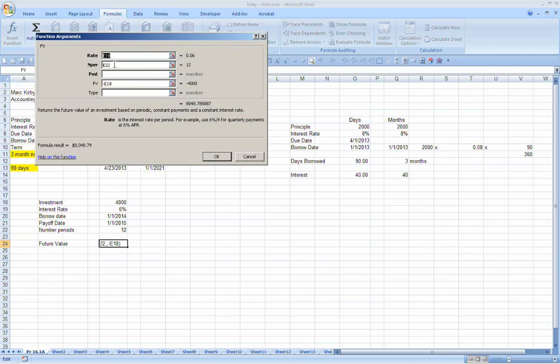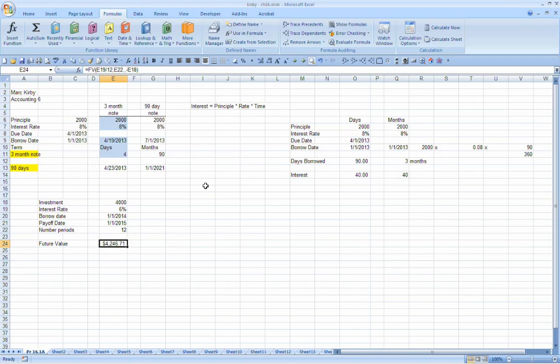The interest rate that I used, this E19, has to match the number of periods. I kind of overlooked this the first time through: the interest rate is 6% for a year. We've got 12 periods in here on E22. So we have to take the interest rate and divide by 12 to get the appropriate interest rate. And if I modify that, then I get the correct amount.